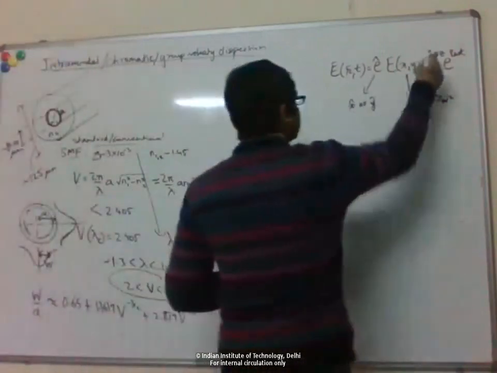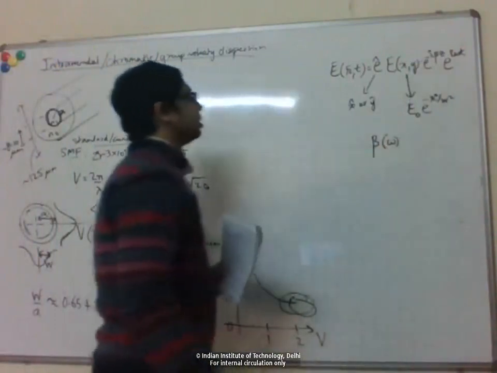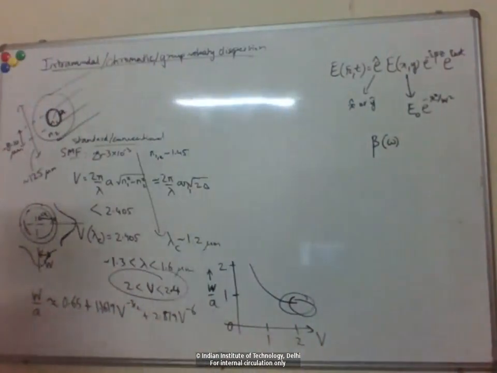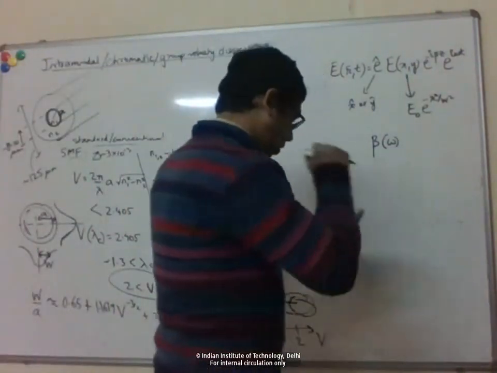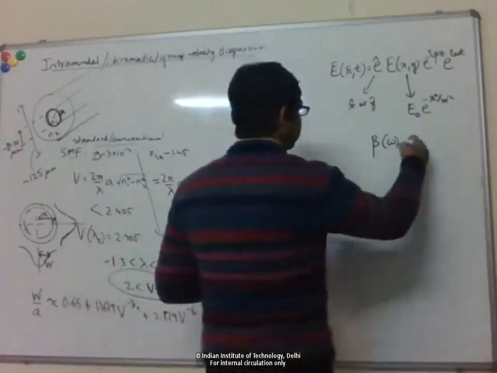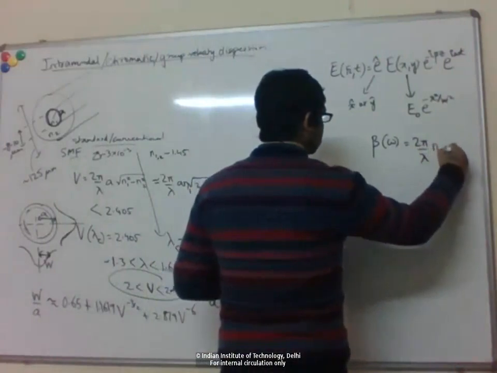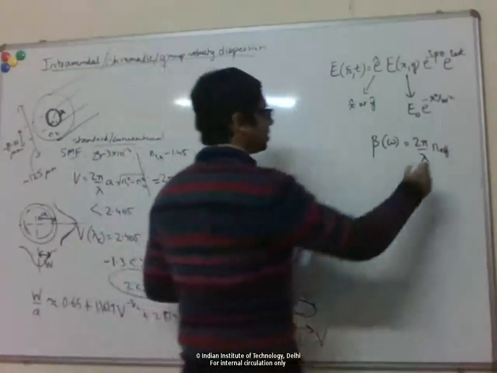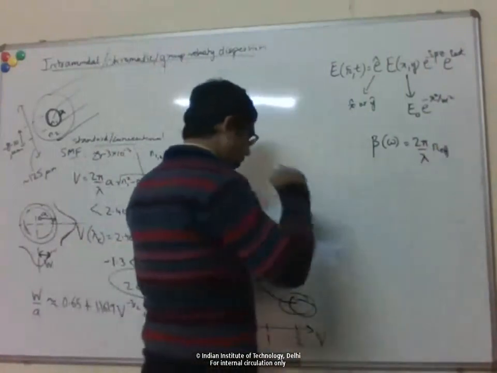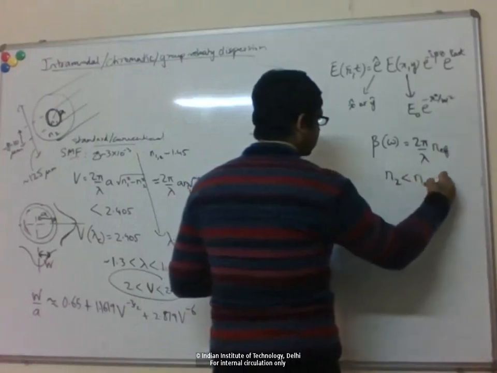That propagation constant beta is a function of frequency. Recall we can write this as 2 pi by lambda, the free space wave vector, times an effective index, and this effective index lies between the core and cladding indices.